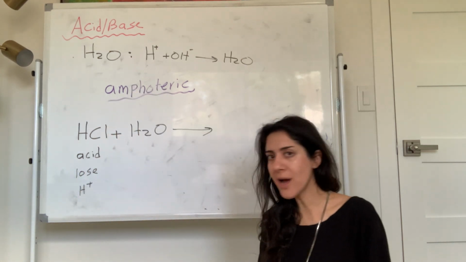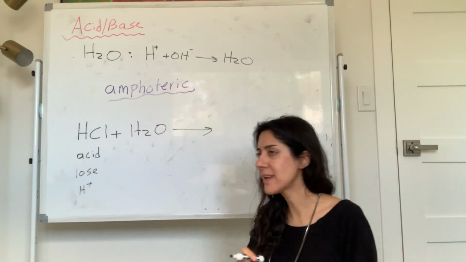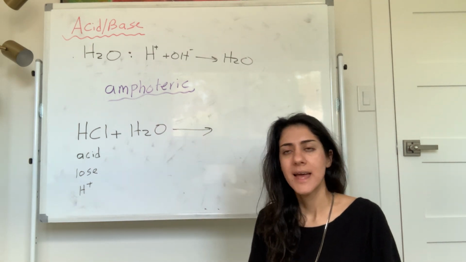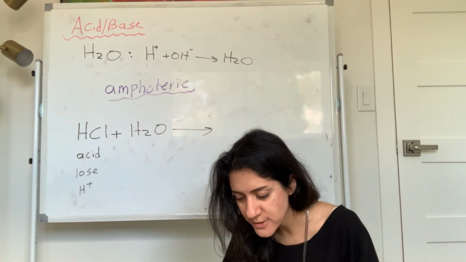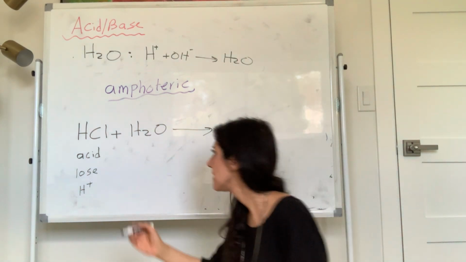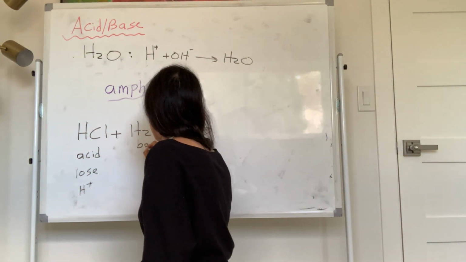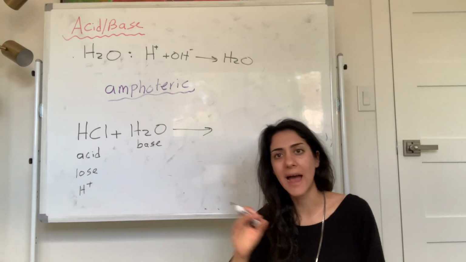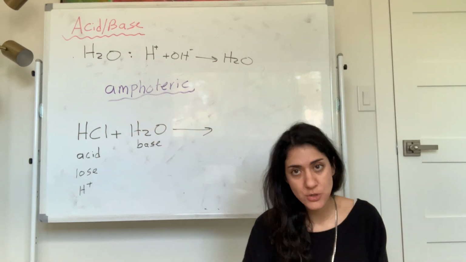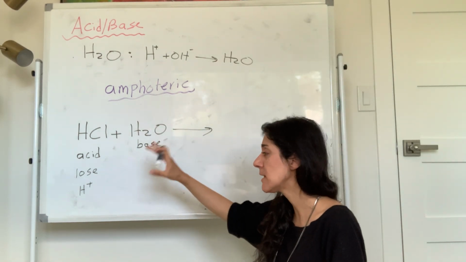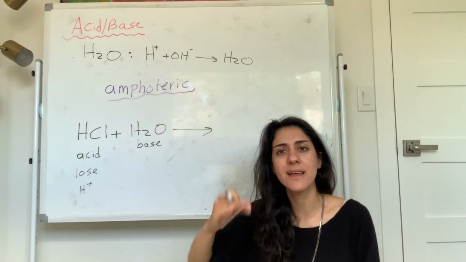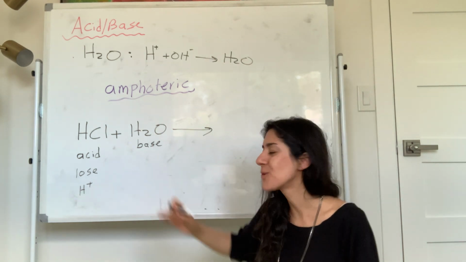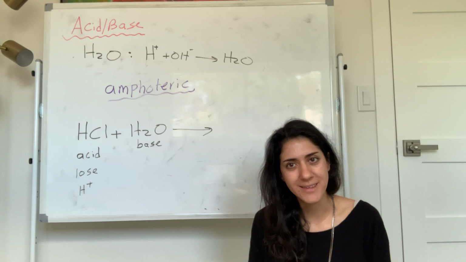Now, because hydrochloric acid is my acid, then water is going to act like a base. So again, water could act like an acid or base depending on the situation. Here I have HCl plus water. Since HCl is my acid, water is going to act like a base.